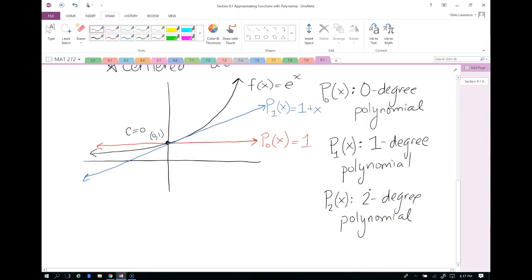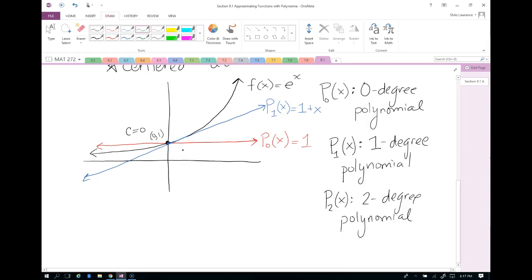We want the point to match, we want the slope to match, and then remember slope is 1st derivative, so a 2nd-degree polynomial is going to match up our 2nd derivative. So do you remember from Calculus 1 what we use 2nd derivative for to identify on our graphs? Second derivative is used to identify concavity.